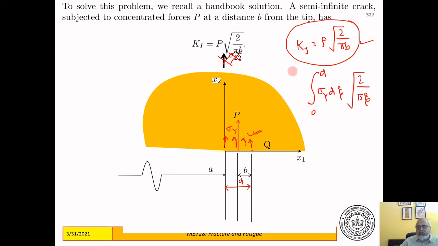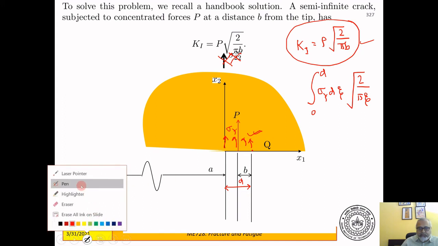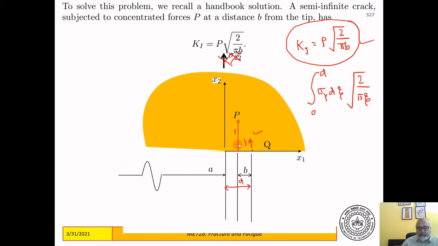When you do this, you get the total contribution to the stress intensity factor for this problem, and then for our problem, you will have to put a minus here.